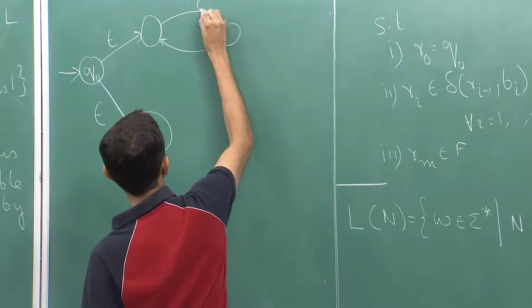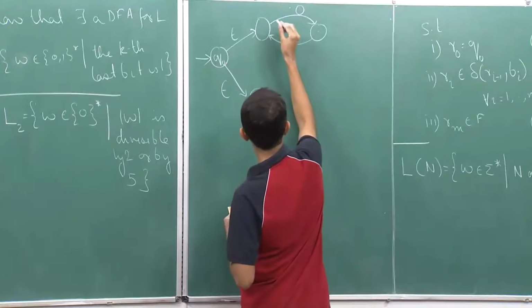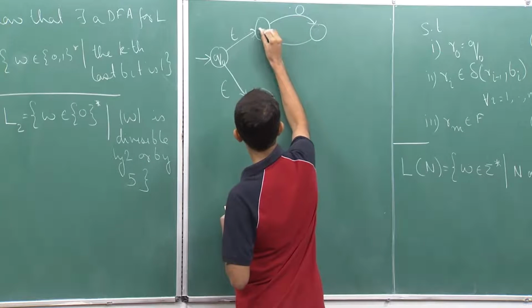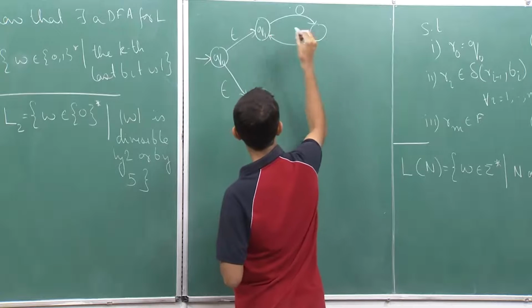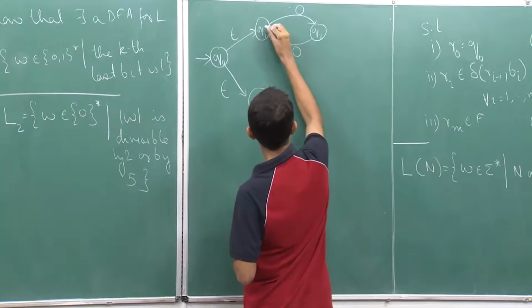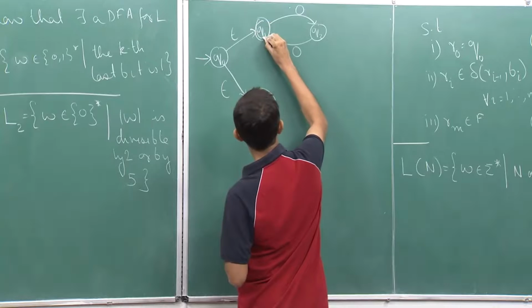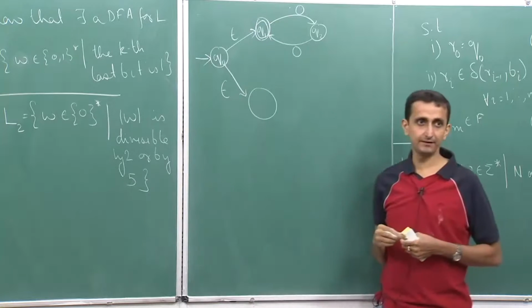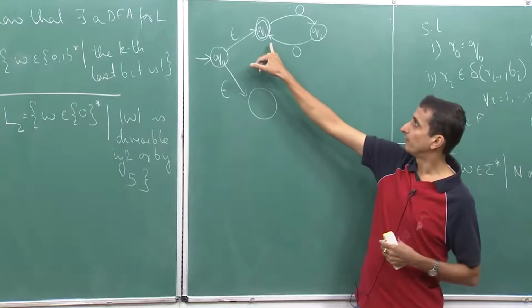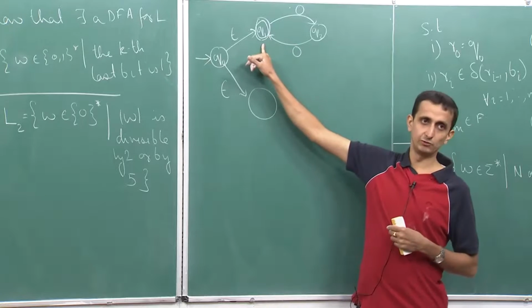On a 0 we go to this state. Let us call these q1 and q2, and q1 is our accept state. So, if the number of zeros is even, I will be at q1.